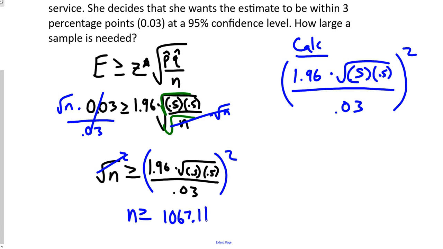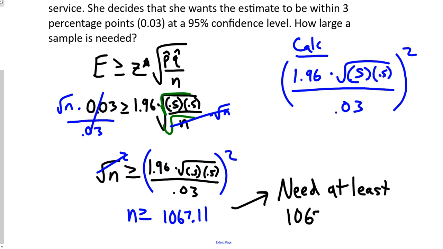So to explain that, they would need at least 1,068 customers for a sample size. Now, whether or not they want to pay for that, this is what they would need to have that margin of error of 3%, though.